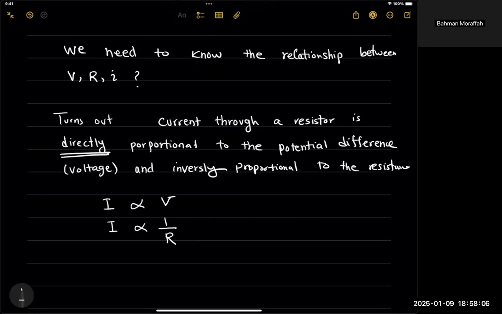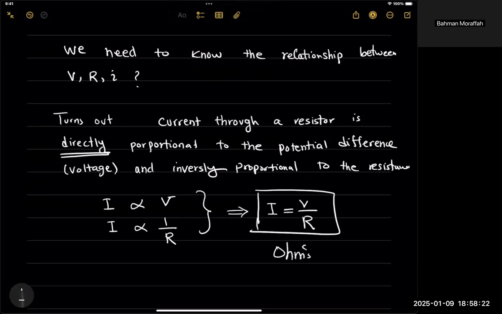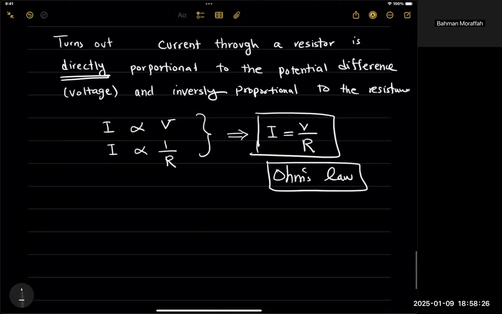And it turns out I can make this an equality by looking at this. This formula over here is known as Ohm's law. I can rewrite this and I can write it as V equals R I. So let's go over this one more time.